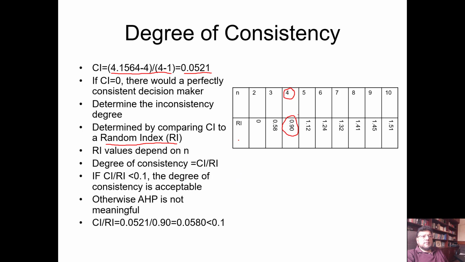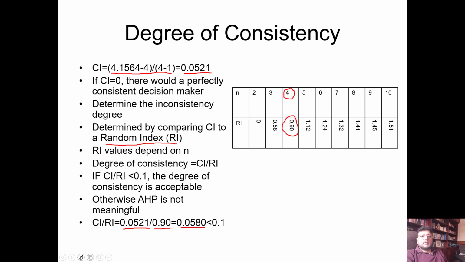The degree of consistency is simply you take the CI, which we calculated already, which is 0.0521. You divide that by the 0.90 that you looked up from the table, and we get a final score, which is 0.058. What you want to check is whether this number is less than 0.1.